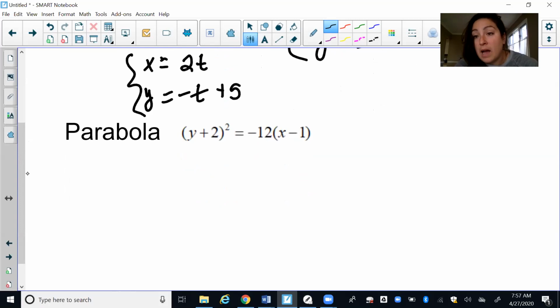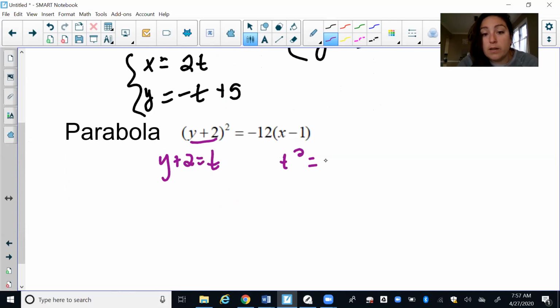For a parabola, it's the same exact thing. I suggest you do a substitution. So how you do a substitution here is you set what is being squared equal to t. So y plus 2 is equal to t, which then means t squared is equal to negative 12 times x minus 1. So again, set what's squared equal to t and then substitute t in, and then you just simplify.